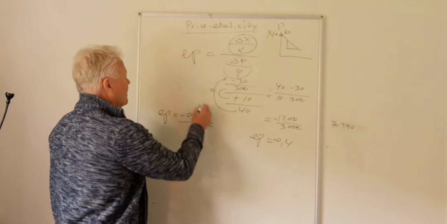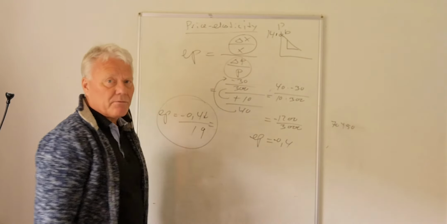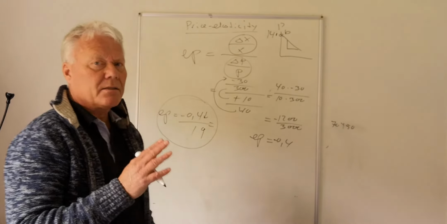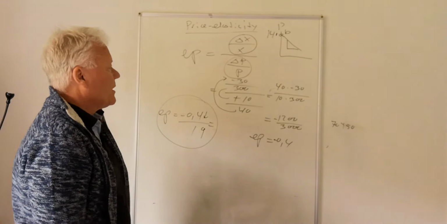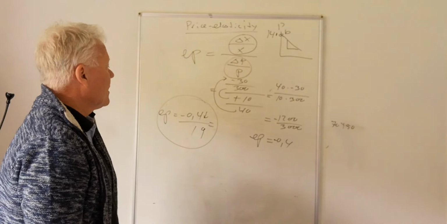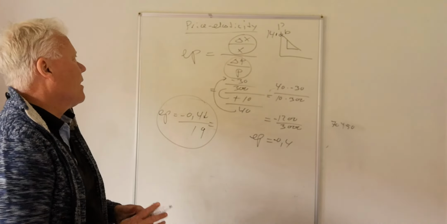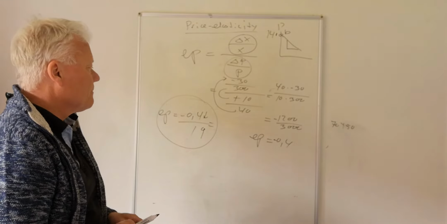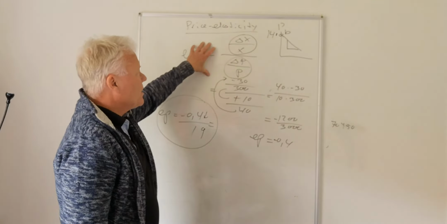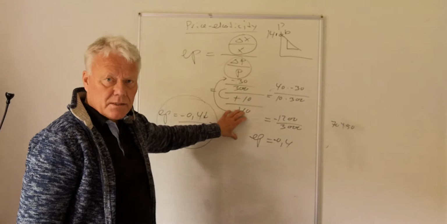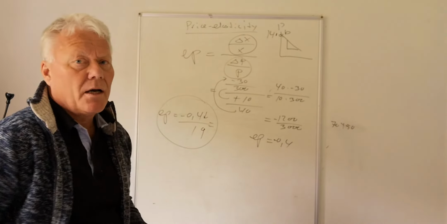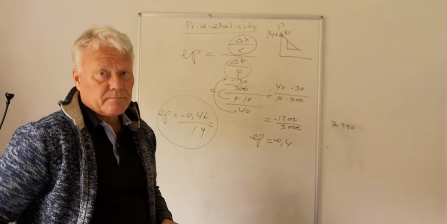So that's not really effective. In another video, I will talk about elasticity and what happens when it's elastic and inelastic. This is the basic of price elasticity. In the next video, I will go from the equation to the point elasticity, and I'll also introduce the revenue and the marginal revenue. Take care.